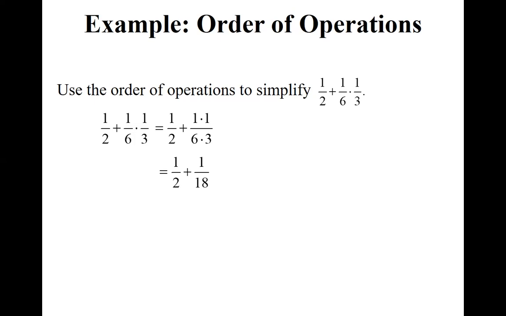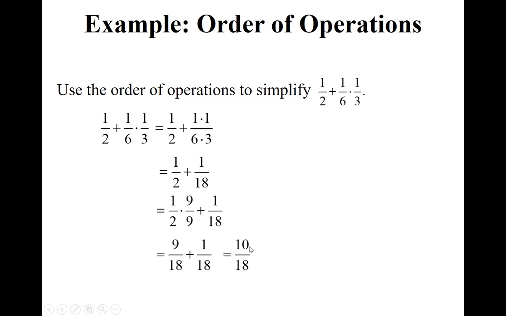18 is a multiple of 2, so 18 is the LCD. To get from 2 to 18, we multiply by 9. If we multiply by 9 on the bottom, we have to multiply by 9 on top. That gives us 9/18 plus 1/18, which is 10/18, which can reduce.